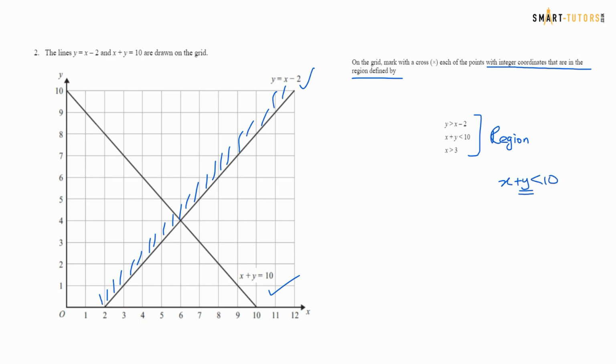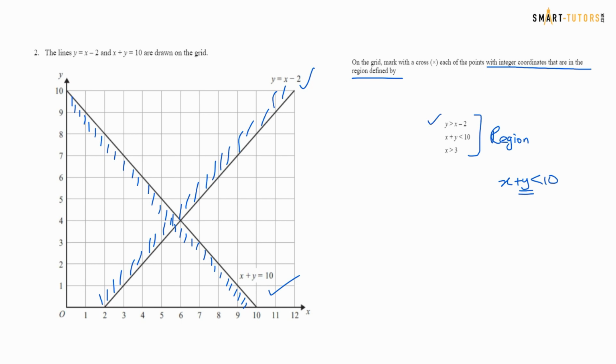The graph is this one, and less than means below. So this is the straight line.